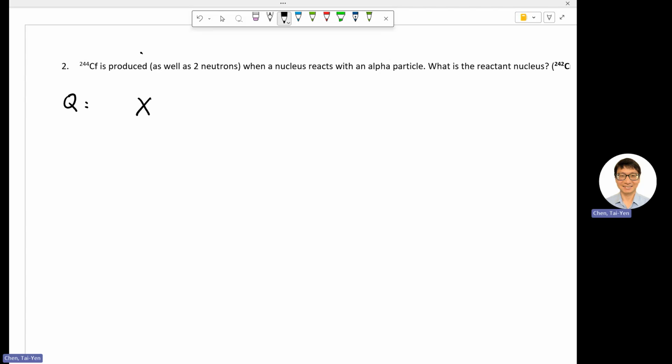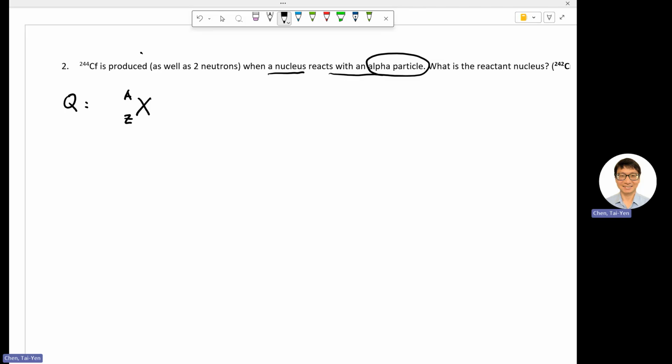So let's say we call that reactant X. So we have the mass number A and then the proton number Z. Okay. So we say when a nucleus reacts with an alpha particle, where do you put your alpha particle, on the reactant side or on the product side?